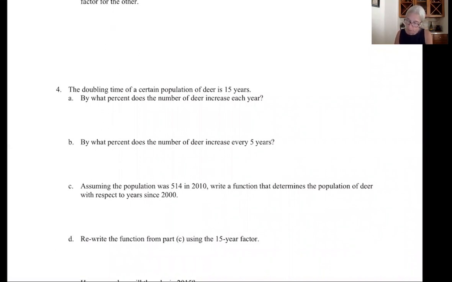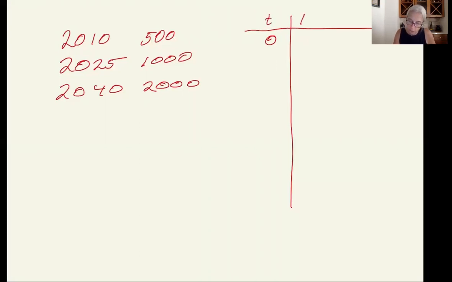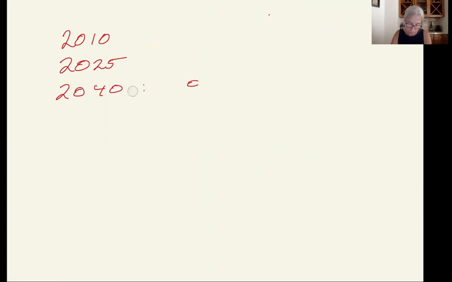Well, if the population's doubling, I'm going to make a table. The table is going to be time in years and the population, or the number of deer that we have. Sorry, I'm going to need a little more room to the right, so I'm going to get rid of all this and start over with the table over here.